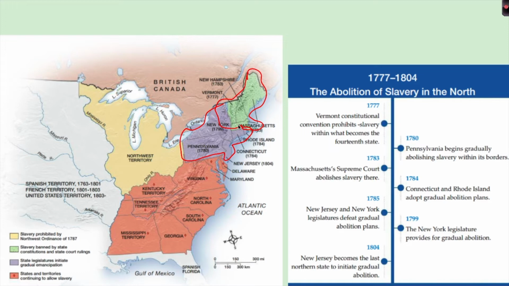And then you're going to have your southern states, Delaware, Maryland, Virginia, and southward, are all going to continue to allow slavery. We're also going to see in a little bit this territory, the Northwest Territory, is going to be closed off to slavery.